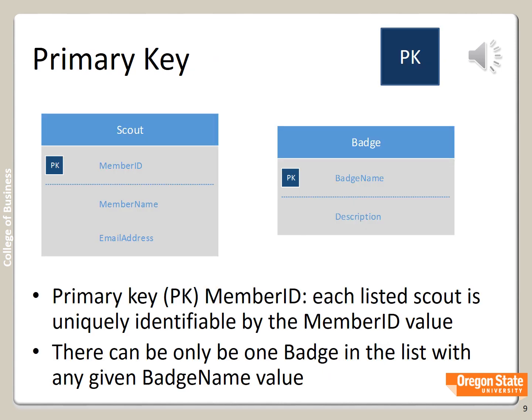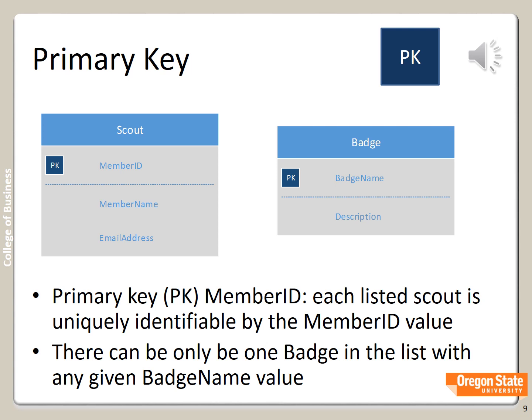You may have noticed that each entity in the previous diagrams has an attribute marked with a PK symbol. In an ERD, this symbol denotes an entity's primary key. Being a primary key means two things. First, the primary key value uniquely identifies a particular item in the list.